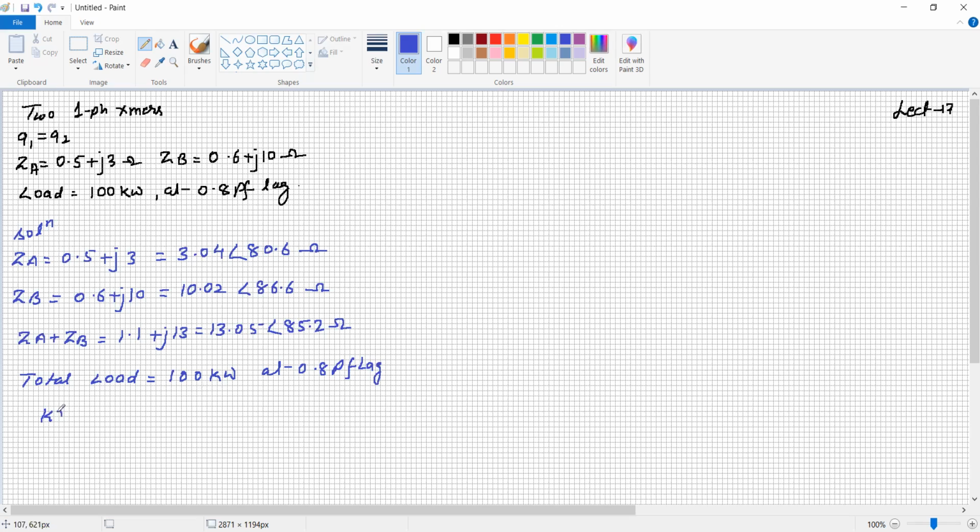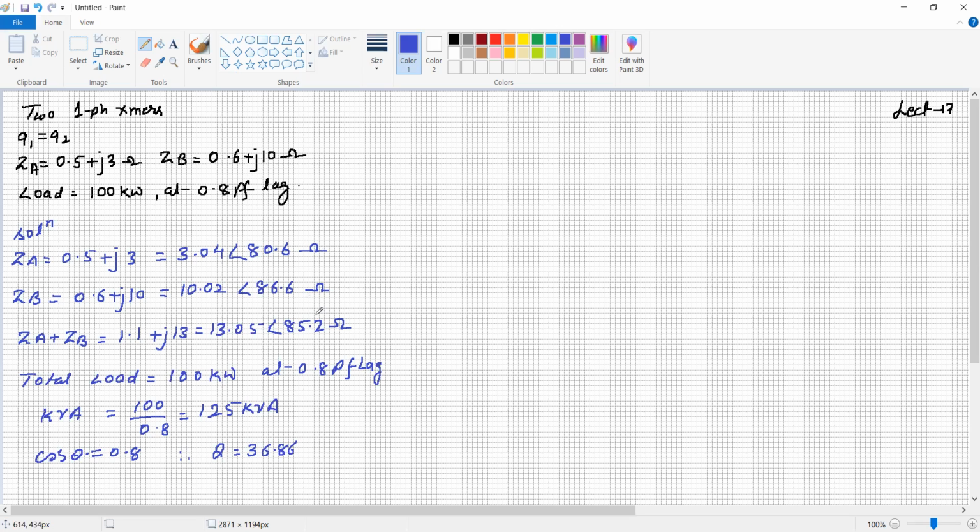First, we will convert into the kVA load. Load in kVA is equal to 100 divided by 0.8, which is equal to 125 kVA. And cos theta is equal to 0.8, which is given. Therefore, theta is equal to 36.86 degrees, that is the cos inverse of 0.8.